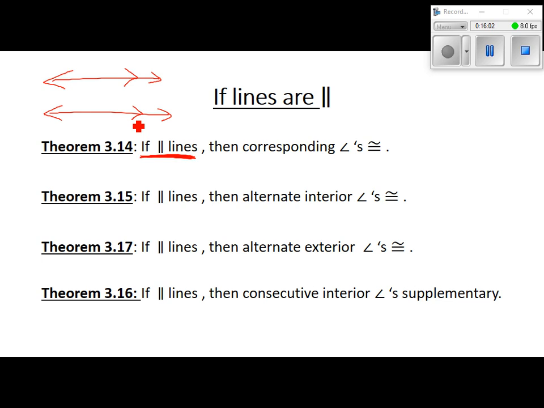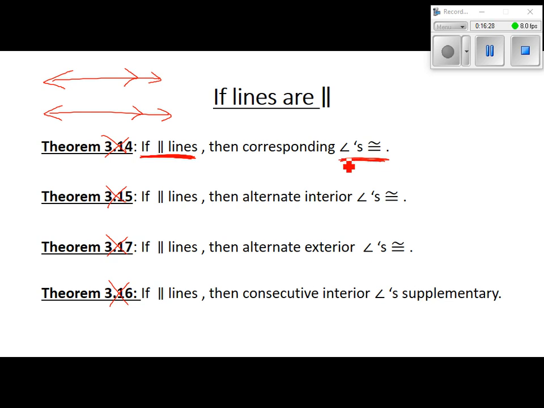The first one, and again, these numbers mean absolutely nothing. They just correspond to numbers in this certain book, but just know that each of these is a theorem, so we know it's a mathematical rule. The first one says if two lines are parallel, then the corresponding angles must be congruent.